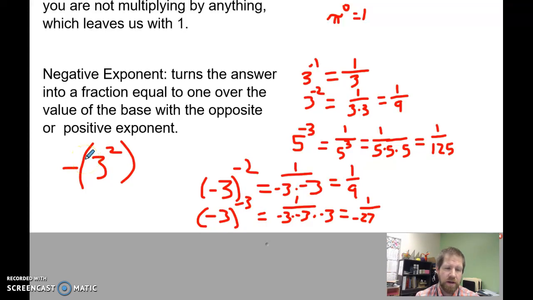But on your calculator, if you just put in negative 3 squared, it's going to do them separate. Your calculator would give you negative 9 as the answer to this, which would be wrong. So be careful with that one.